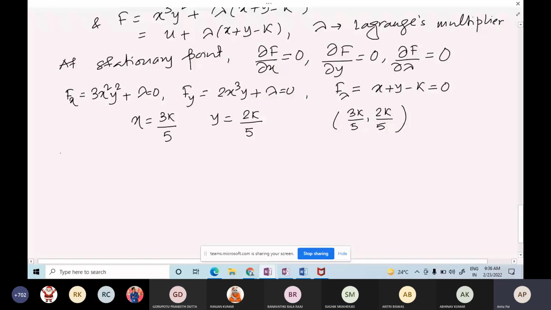For that, first we'll find out what is fxx. That is del del x of del f by del x, which will be 6xy square.